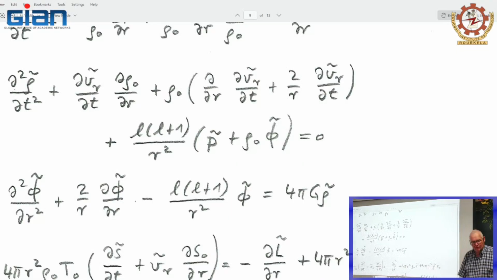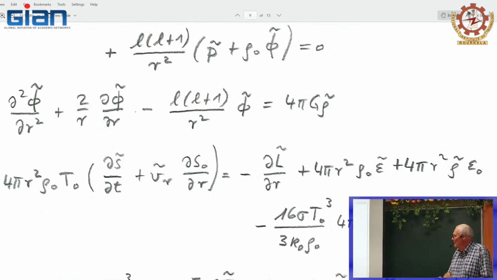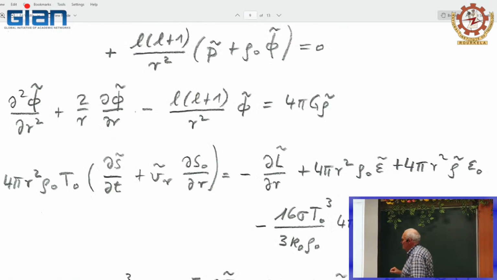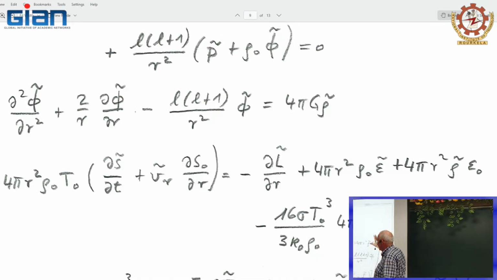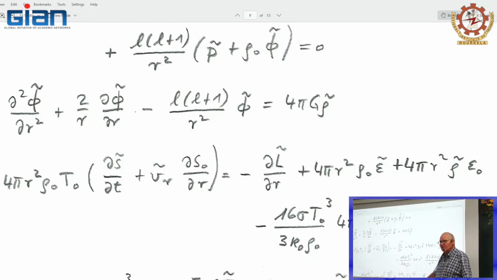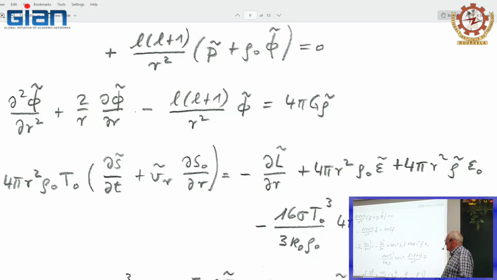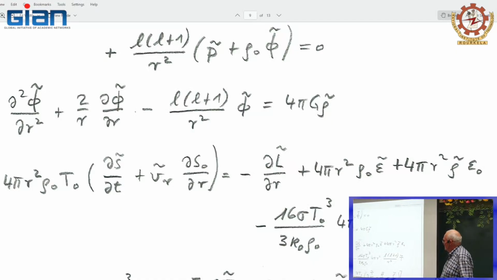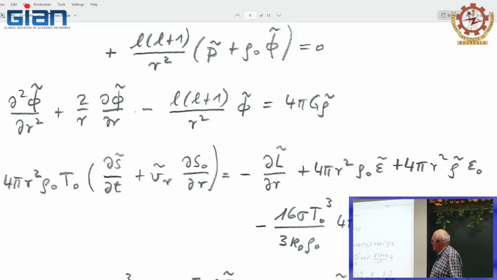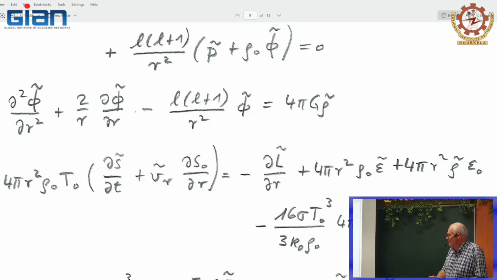Okay, then for the energy conservation equation, we have the first part, which reminds us of the radial problem, plus a term which goes like L times L plus 1 over R squared times the perturbation of the temperature.